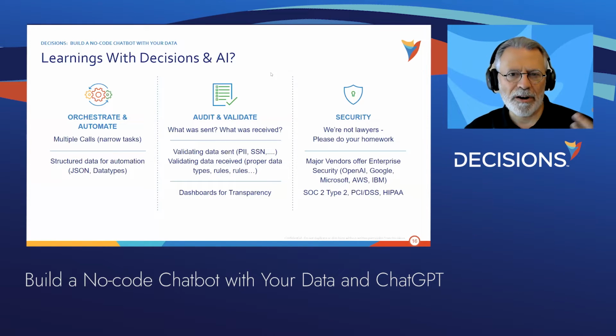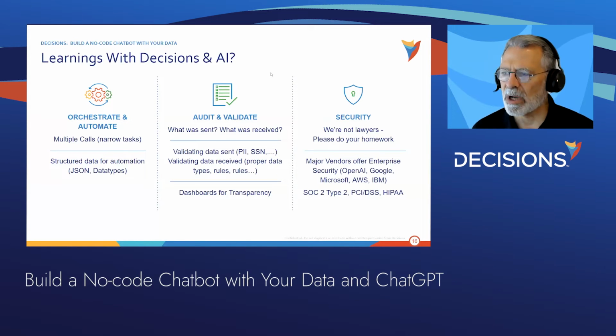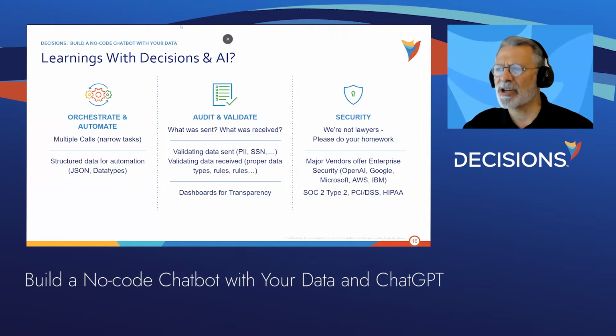And what have we learned so far? Internally, we've built a lot of things over the last several months. And I just want to share some of the learnings in terms of orchestrating and automating. If you narrow the task down, these models do a great job of getting it right when you keep it simple or keep the ask pretty small.